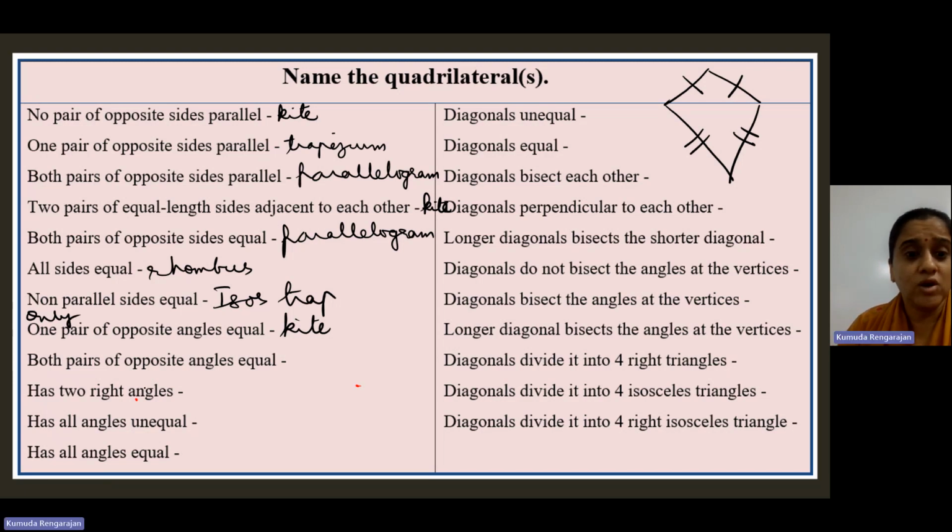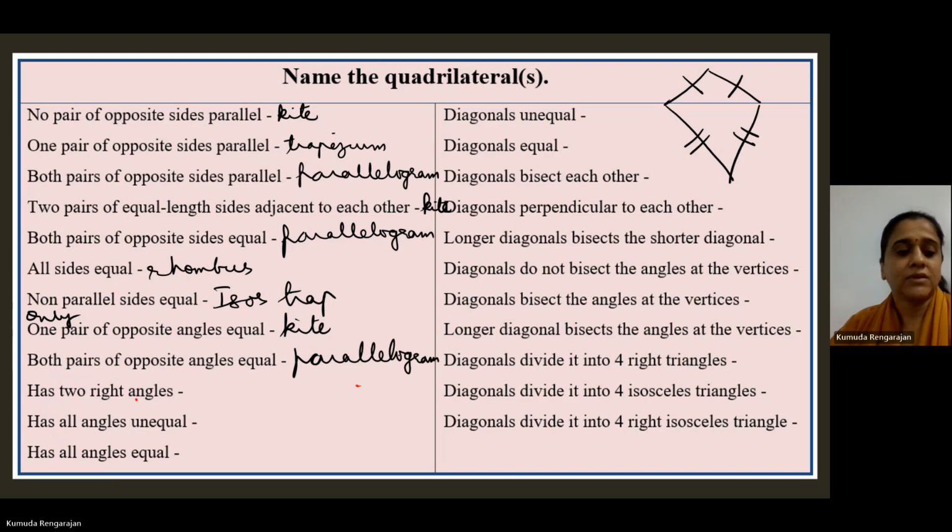Only one pair of opposite angles equal is kite. Both pairs of opposite angles equal? Parallelogram, safe. Rectangle is fine. Has two right angles: right trapezium. See, these statements are with respect to the sessions we have had.